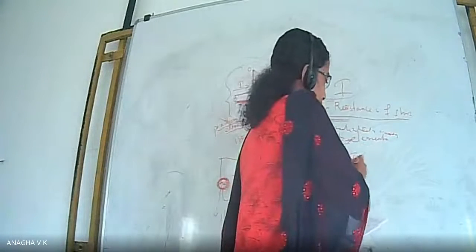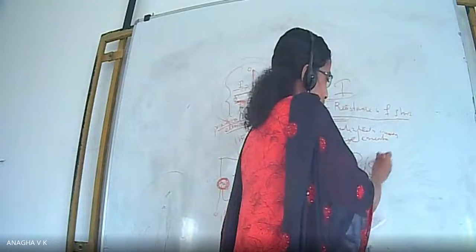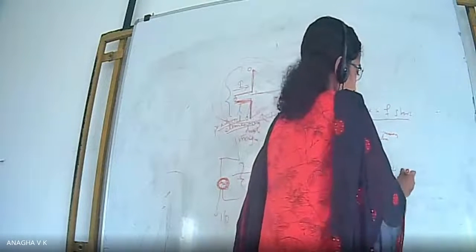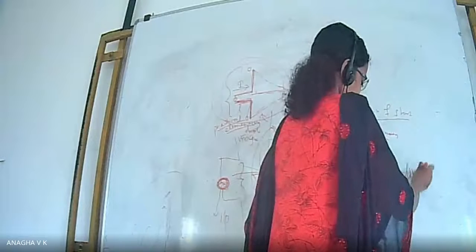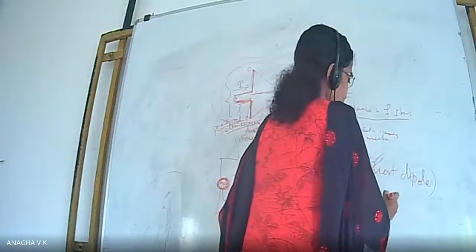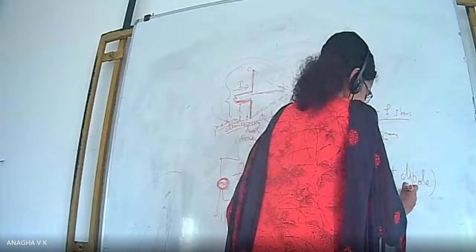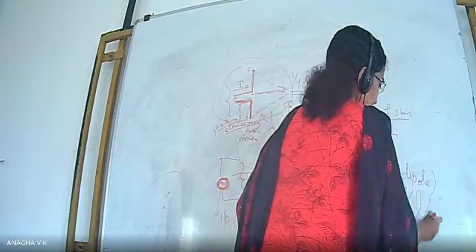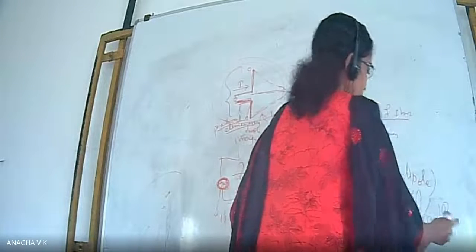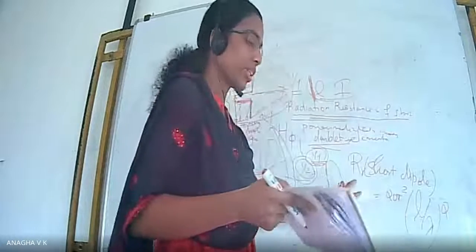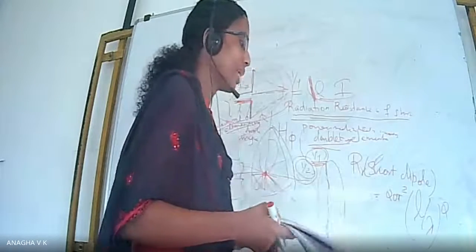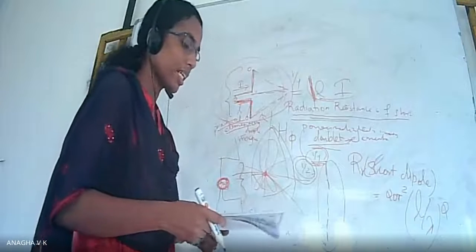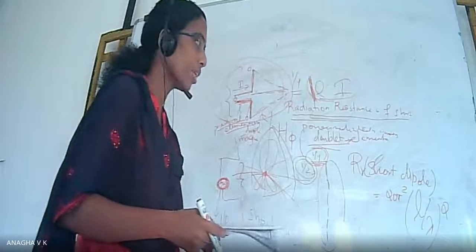So the radiation resistance of the short dipole is equal to 20 pi square, L by lambda whole square. This equation you memorize. This is the basic equation for the radiation resistance of the short dipole.